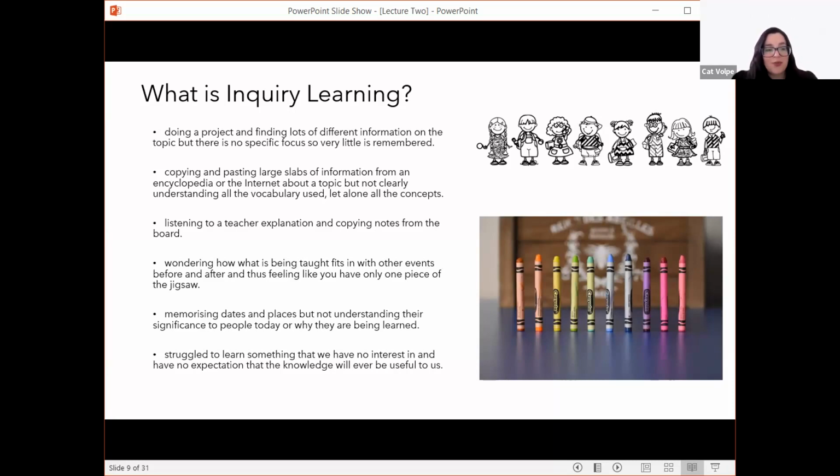I've done that too. Wondering how what is being taught fits in with other events before and after, and thus feeling like you have only one piece of the jigsaw. Students, despite their age, are very aware of when units of work are disjointed, where they're not flowing and it's not meshing. I could sense that in students when I was teaching a new unit of work and I was trying to get my head around all the different things that I needed to teach in the syllabus and trying to make it all work.